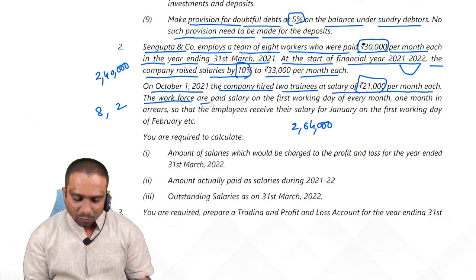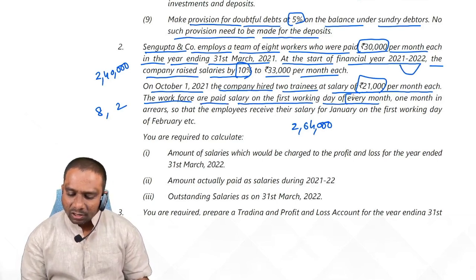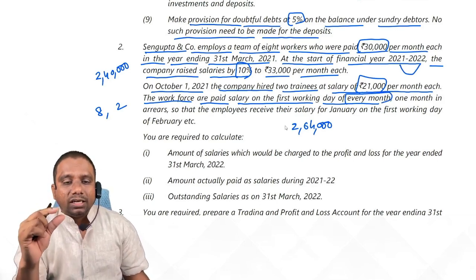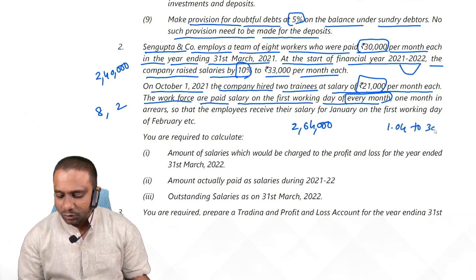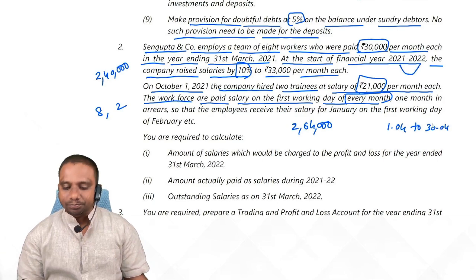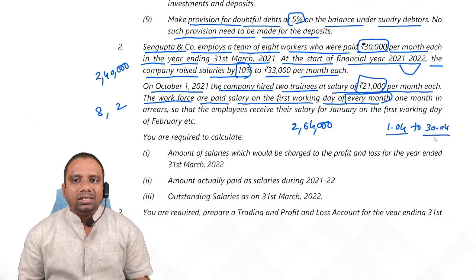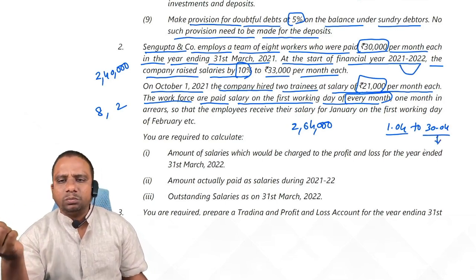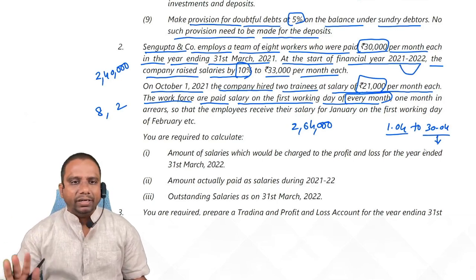Next, salary is paid on the first working day of every month. What is the meaning of this? Suppose 1st April to 30th April is the month beginning and month ending. Generally, salaries are paid at the end of each month, because salaries accrued and are paid.